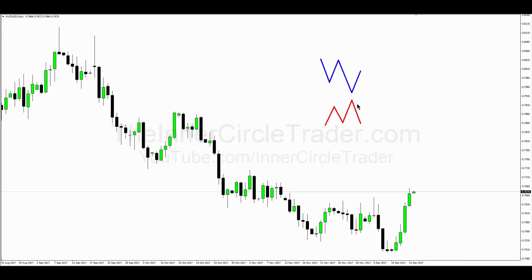Sometimes you will see the market create this. The market will fail to make a higher high at the time when the foreign currency makes a lower low. So if the dollar index fails to make a higher high at the same time that the Aussie dollar makes a lower low, this is a crack in correlation.